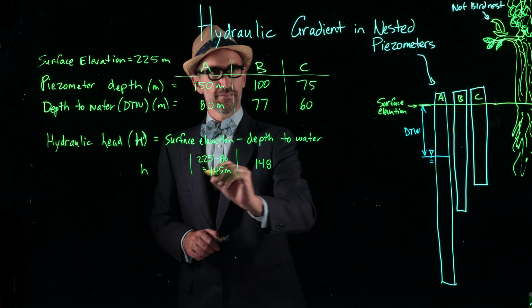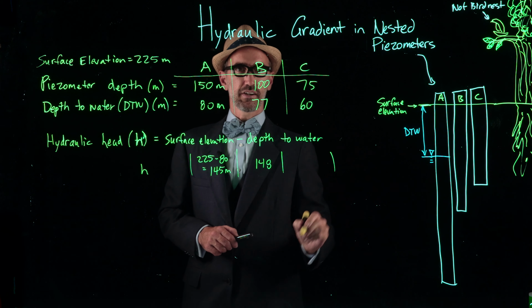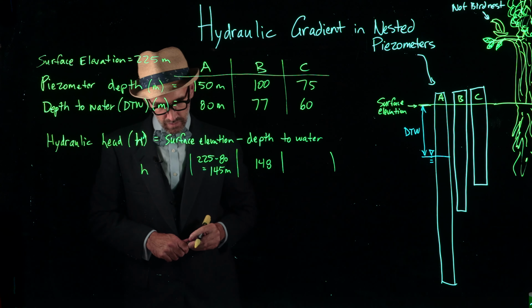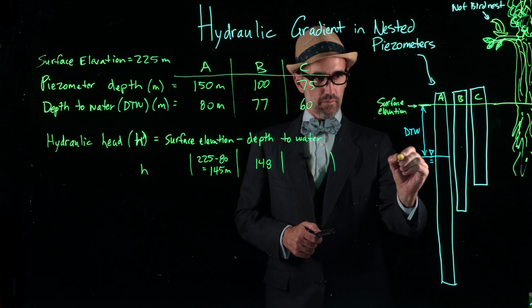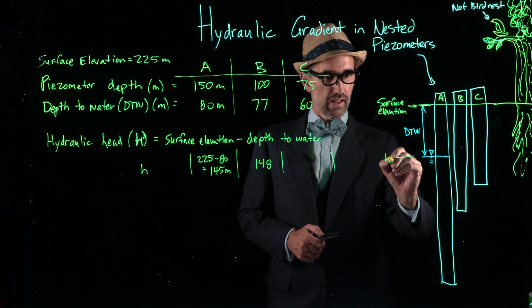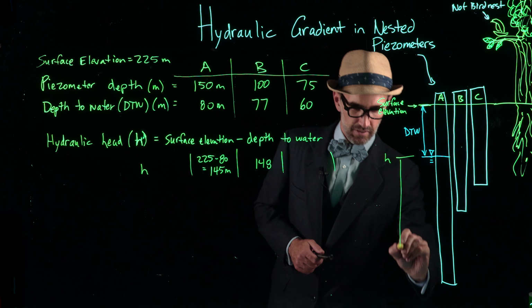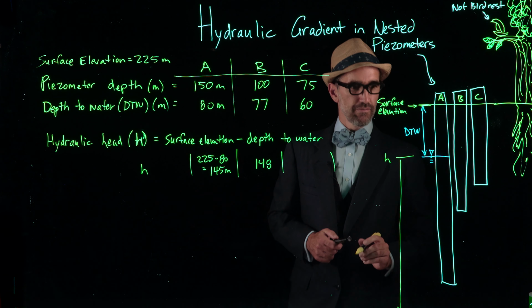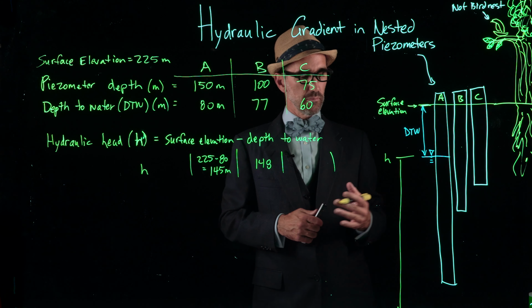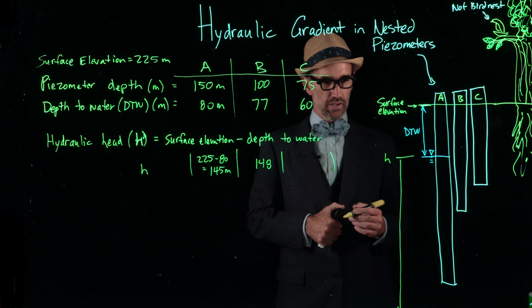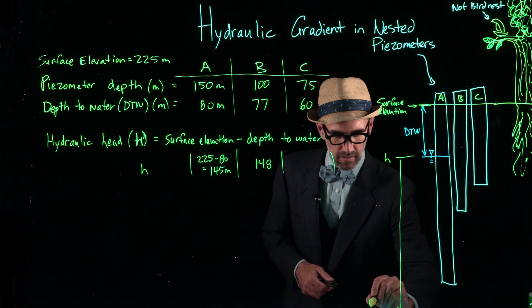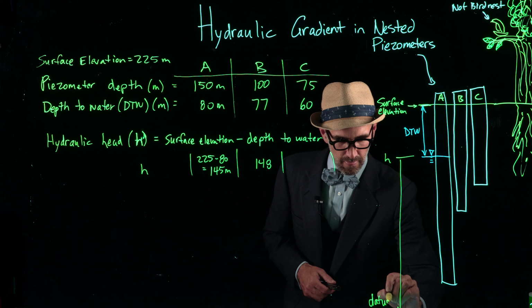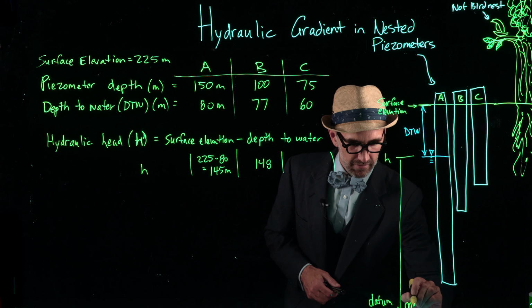I'm going to leave C blank so that you can calculate it on your own. This hydraulic head shows up here as the total elevation of the water table in relation to mean sea level or some other datum. So we have down here a datum, and that's often mean sea level.